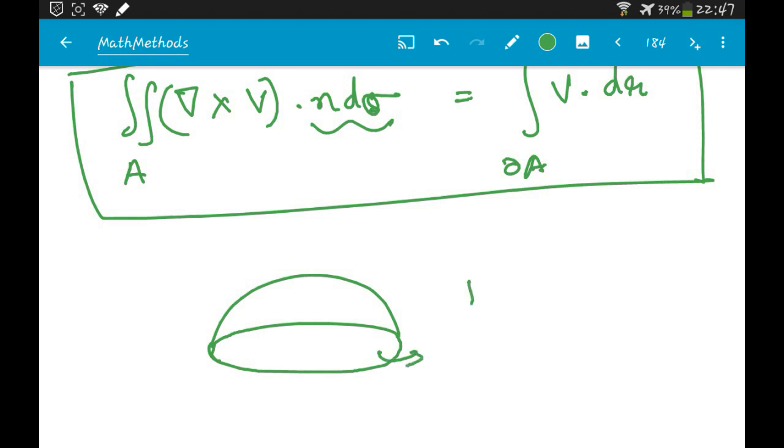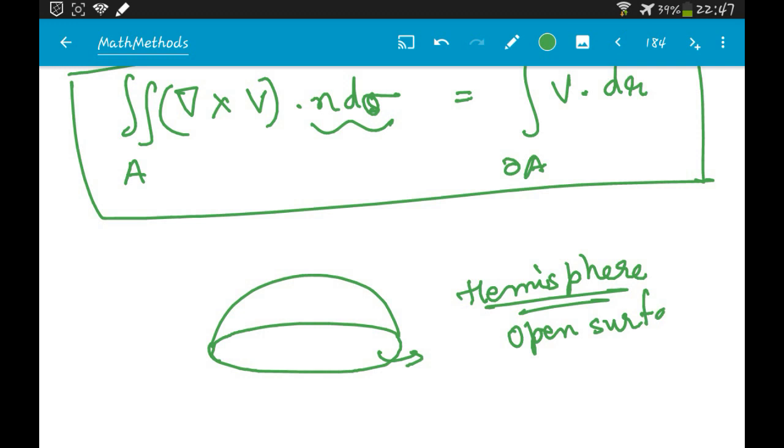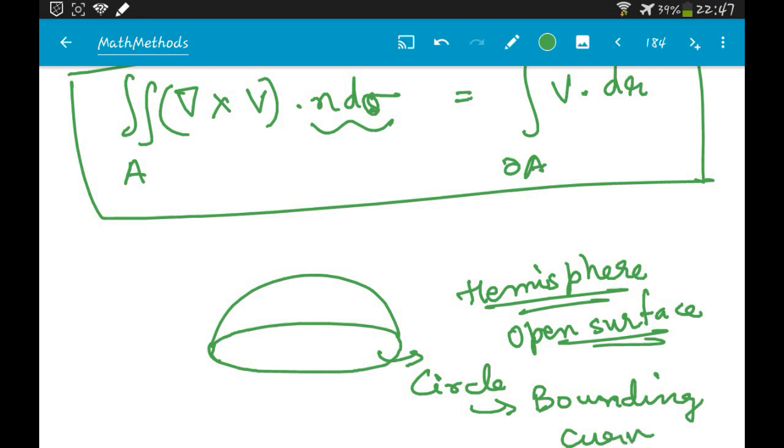So a hemisphere is an open surface, and this circle is the bounding curve. When I say dou A here, this represents your bounding curve, and sigma is the entire surface area of this hemisphere.